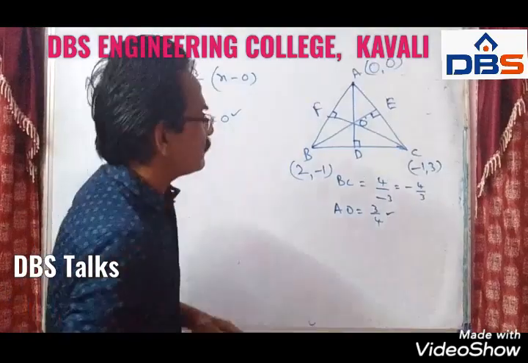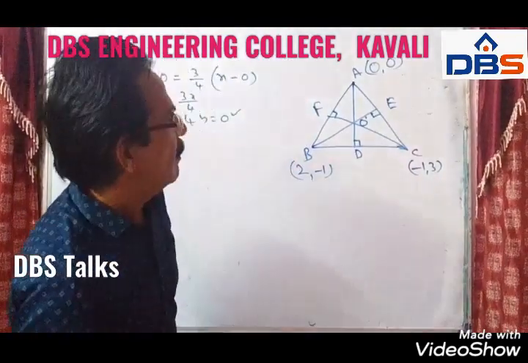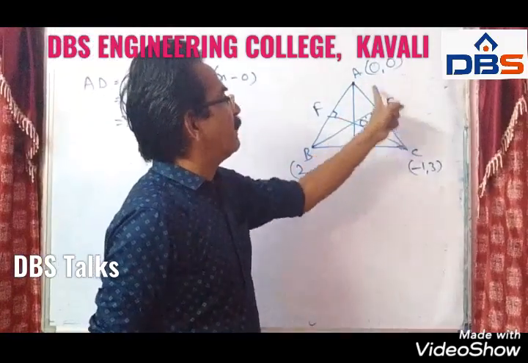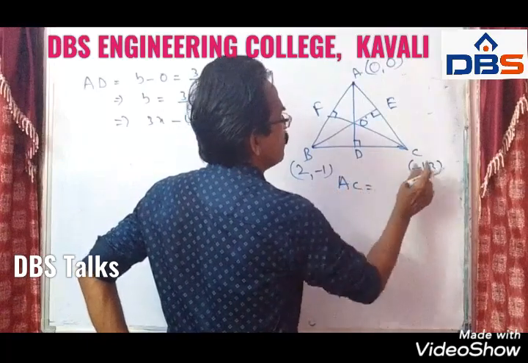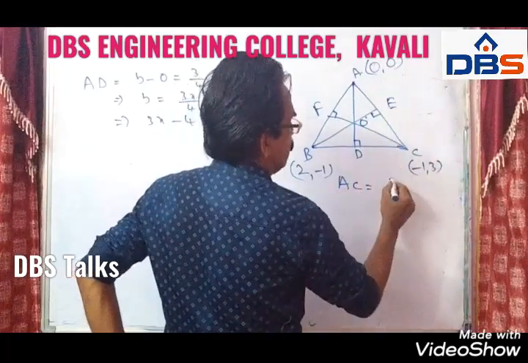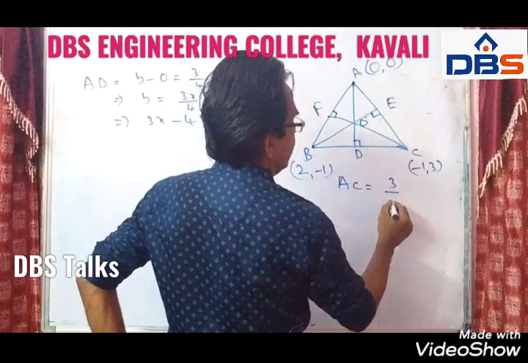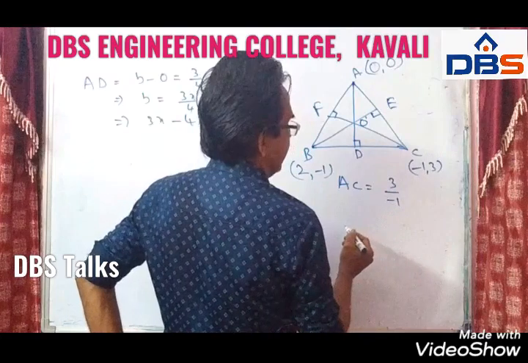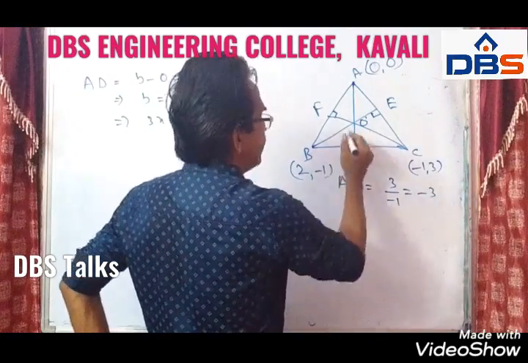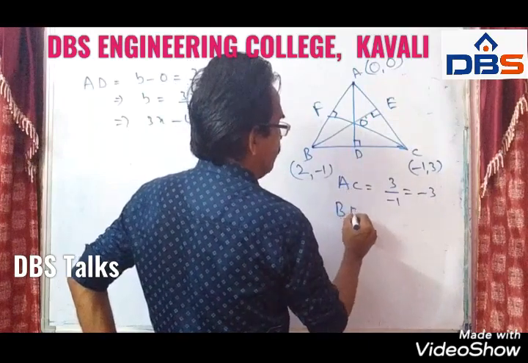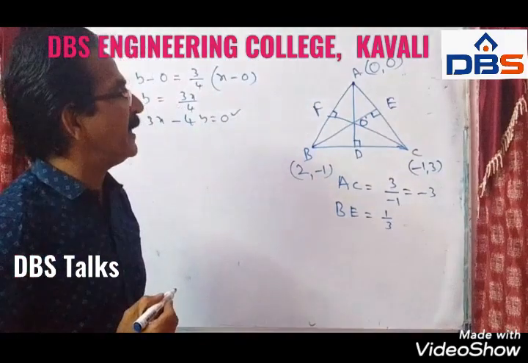So what is the slope of AC? AC slope is equal to (3 minus 0) by (minus 1 minus 0), that is minus 3. AC slope is minus 3, and BE slope is reverse and change the sign, 1 by 3.